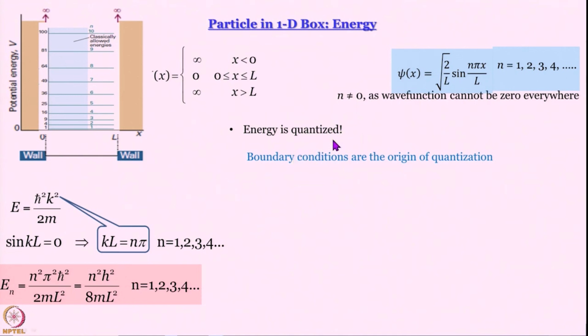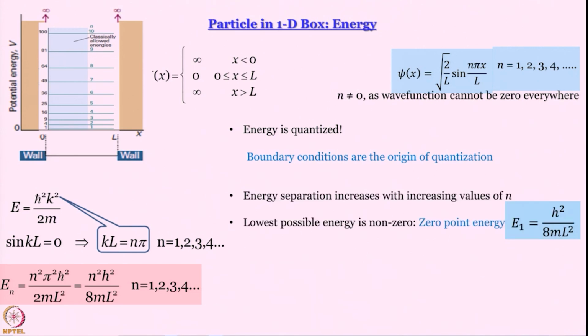But before that, let us just summarize what we have learned so far. A very important concept that we have learnt is that quantization originates in boundary conditions, and boundary conditions come from the requirement of the wave function to satisfy the boundary condition. Psi star psi has to be your probability density. Energy separation increases with increasing values of n, we have established that.